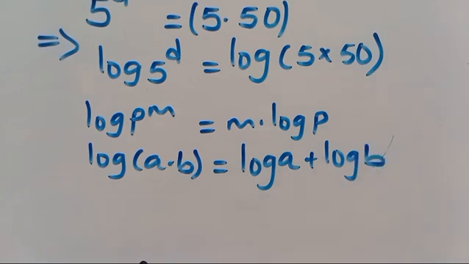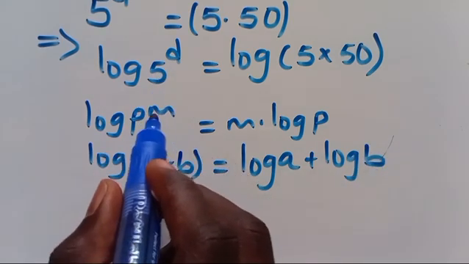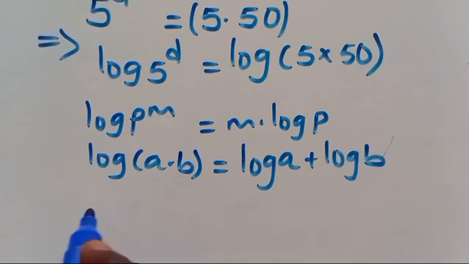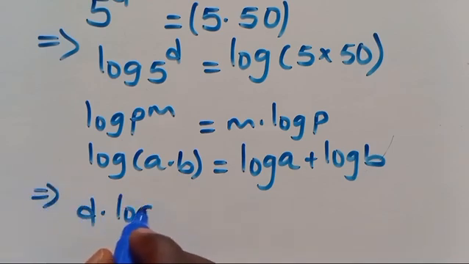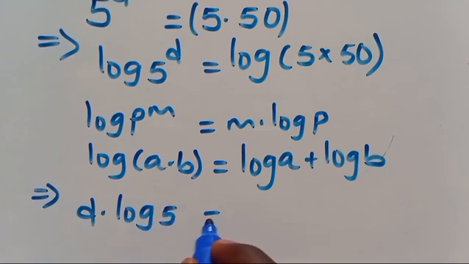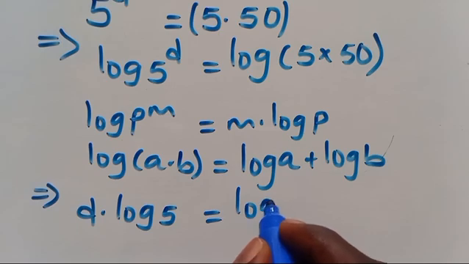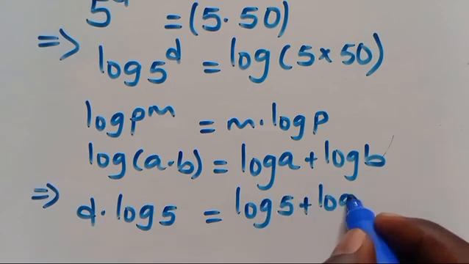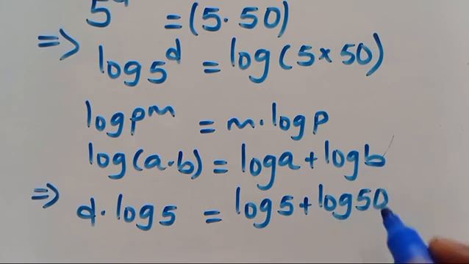So when we apply the power law and the product law here, this implies we have d multiplied by log 5 equals log 5 plus log 50.